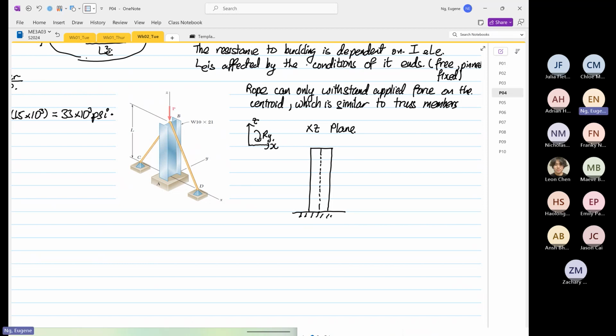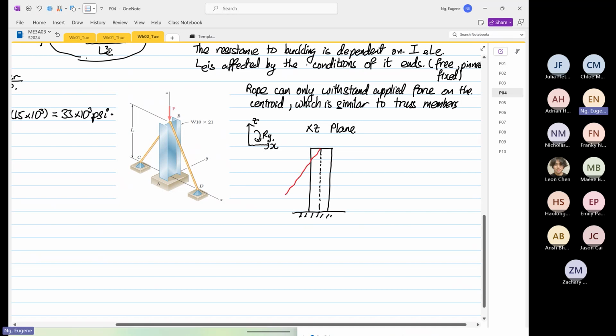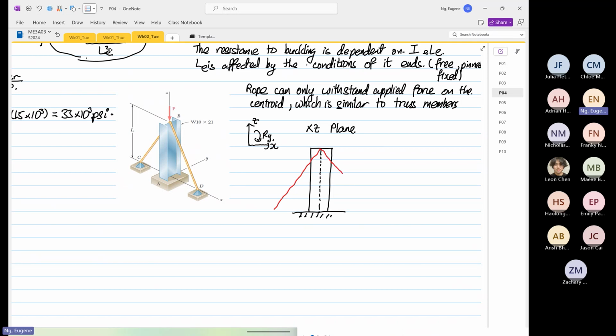And the rope, I'm going to change the color for the rope to red, is in tension in this direction. They're pulling it down. Okay. Right? So the rope can only withstand load along the axis.